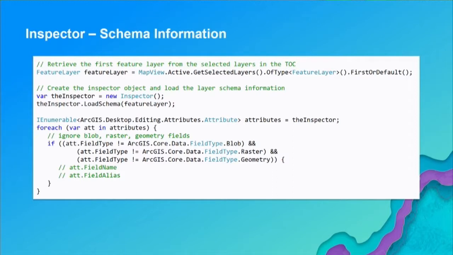Another convenience method on the inspector lets us fairly quickly retrieve the schema information. You just point it to the layer and say, please read the schema information, and then we can access the attributes fairly quickly through an enumerable collection.